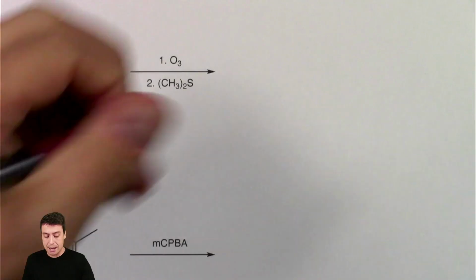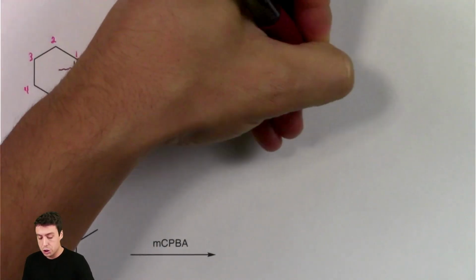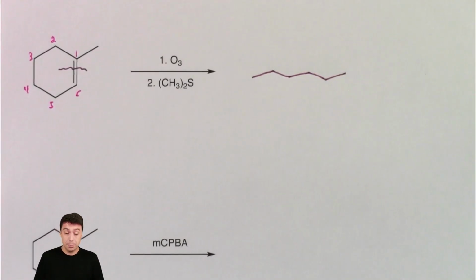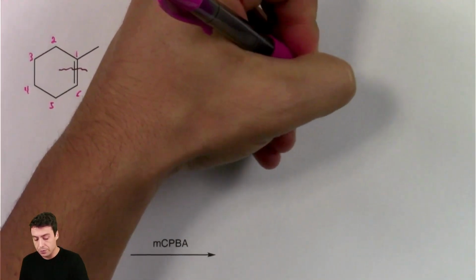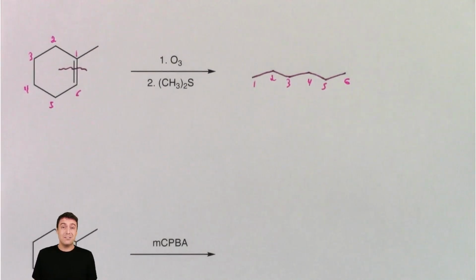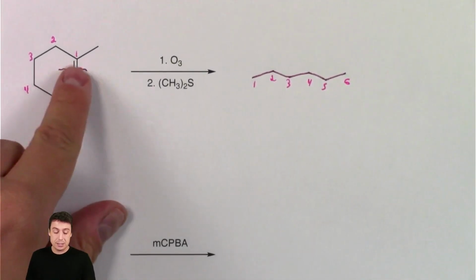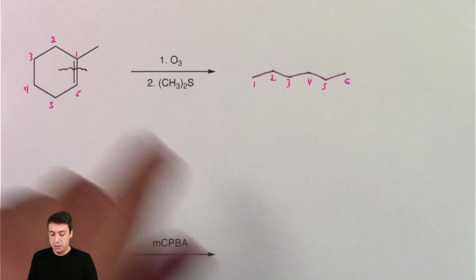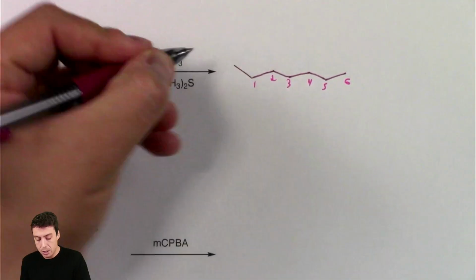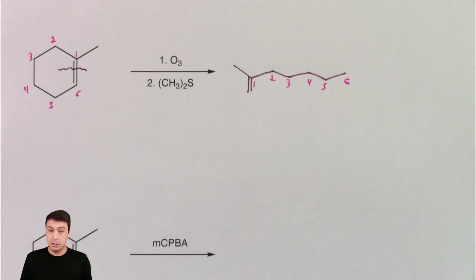I'm still going to have a 6-carbon chain, but now it's opened up, right? So I'm going to keep my numbering 1, 2, 3, 4, 5, 6. And the whole point of this numbering is whatever was attached to that carbon before. So on carbon 1, we had a methyl. So on carbon 1, we'll have a methyl. We had the double bond. That's still there, okay.